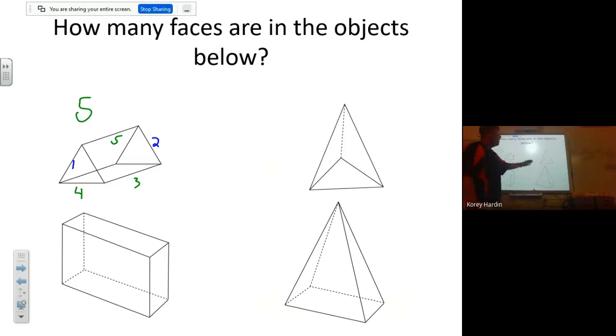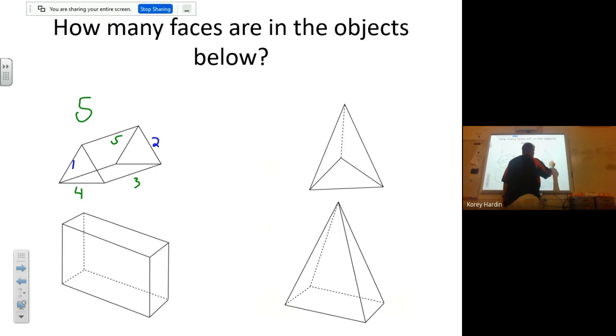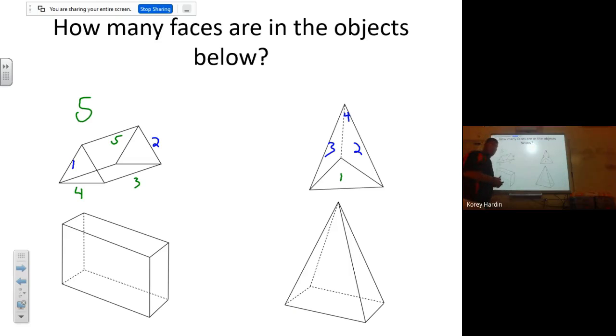Okay? On this one, here's my base. I'm going to put a 1 for the base. Now, I've got 2, 3, 4 sides. Because the base that I marked 1 is actually a triangle. So I know that each of those points are going to come to the top.